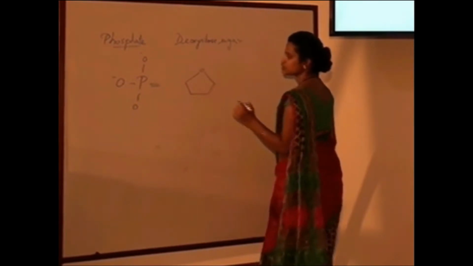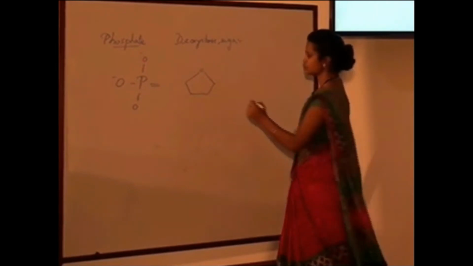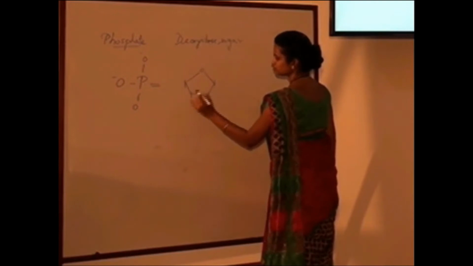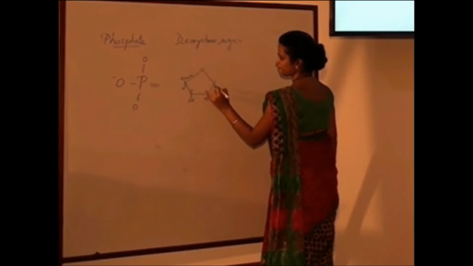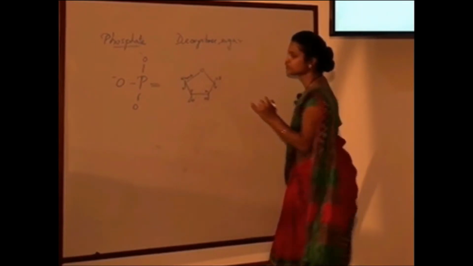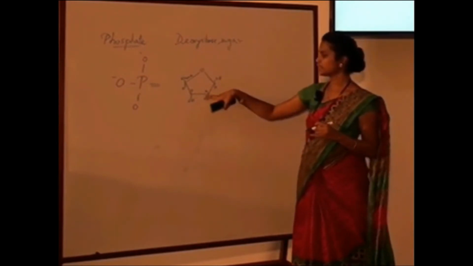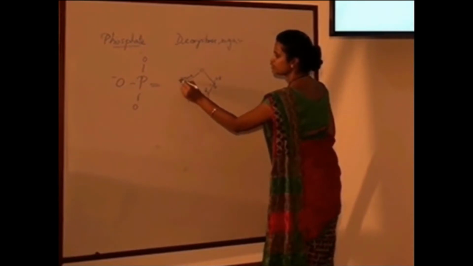So this is the structure of a deoxyribose sugar, and this is a 5-carbon sugar. So we have the first carbon here. So this is the structure of a ribose sugar. This is the first carbon, second carbon, third carbon, fourth carbon and fifth carbon.